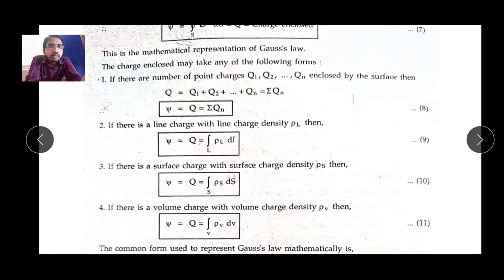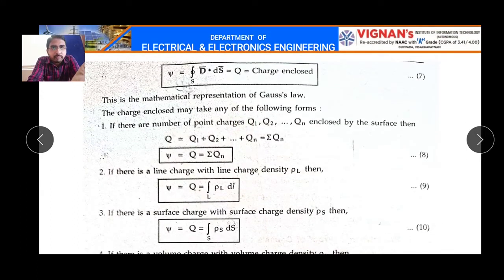Next, Gauss law states that the total electric flux through any closed surface is equal to the total charge enclosed by that surface. So psi is equal to Q. Already we proved that psi is equal to integral D bar dot dS bar.